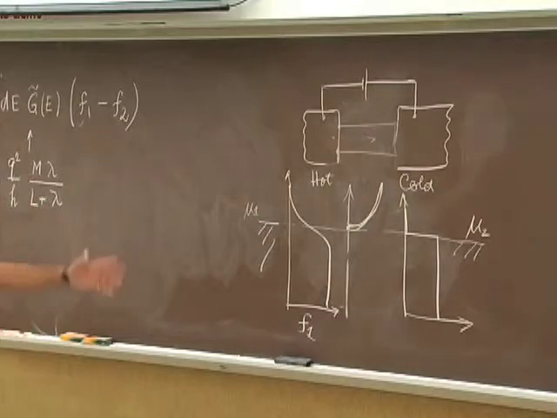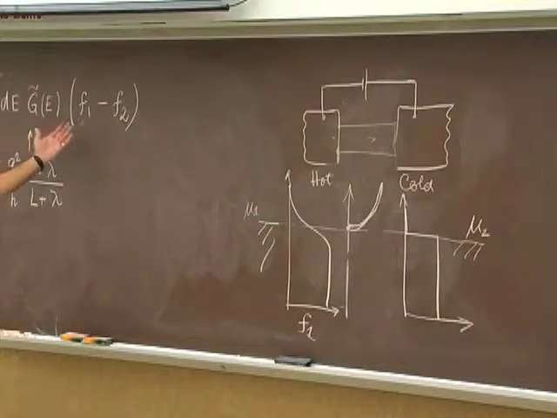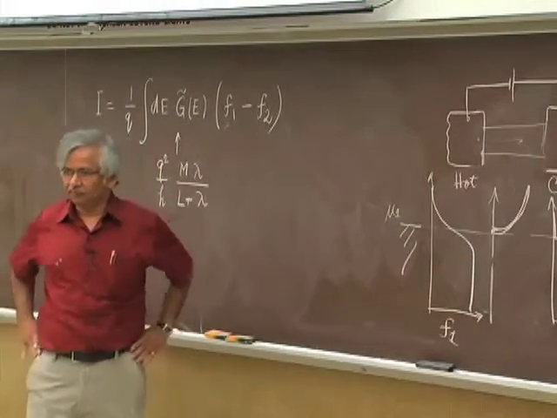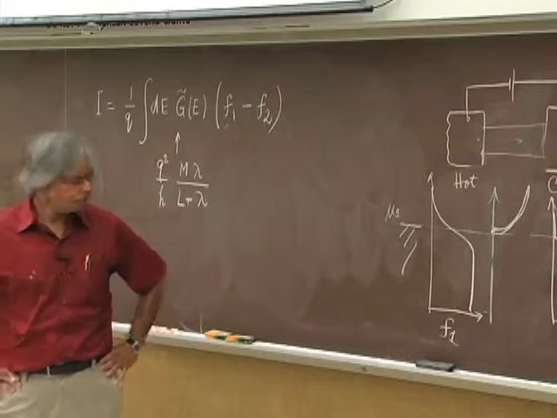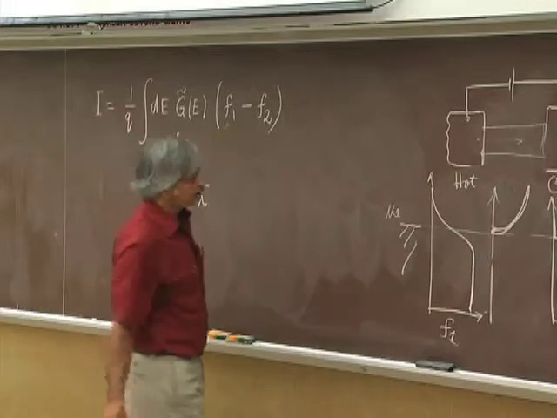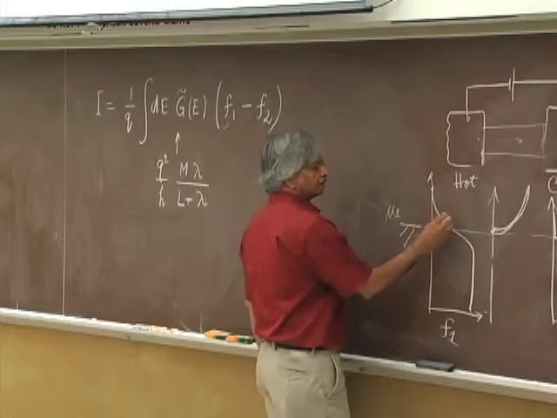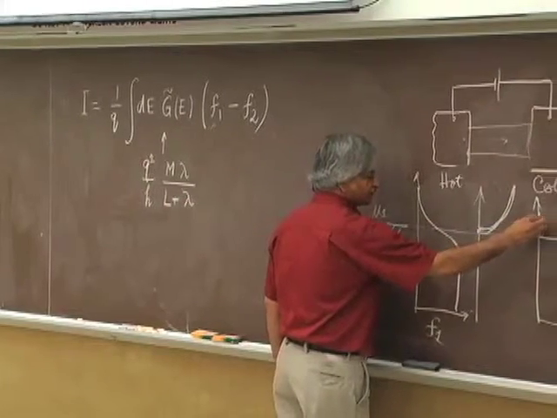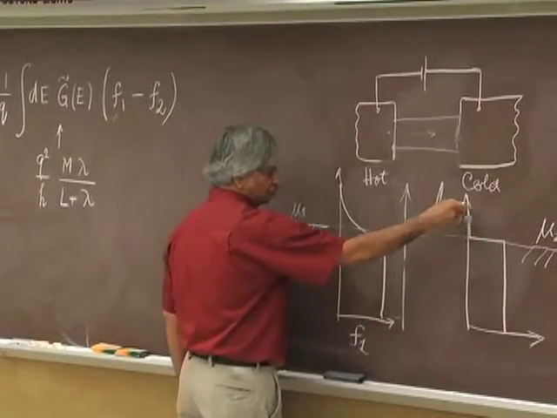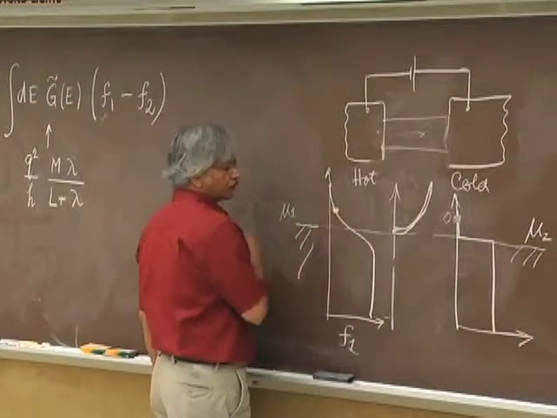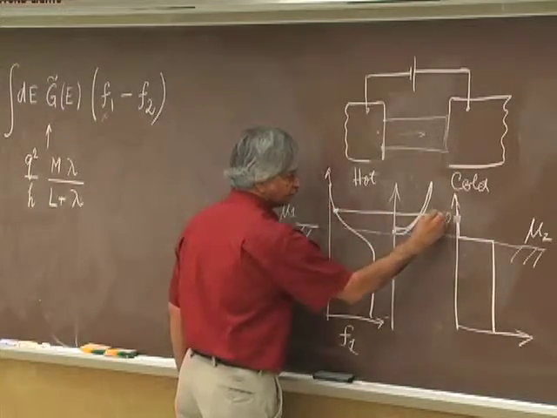And what I claim is that this equation will give you the thermoelectric current. So which way should the thermoelectric current be? Well, it's F1 minus F2. So if I look up here, I see that F2 is essentially 0 because it's cold, whereas here F1 is not quite 0, and so electrons will flow in this direction.